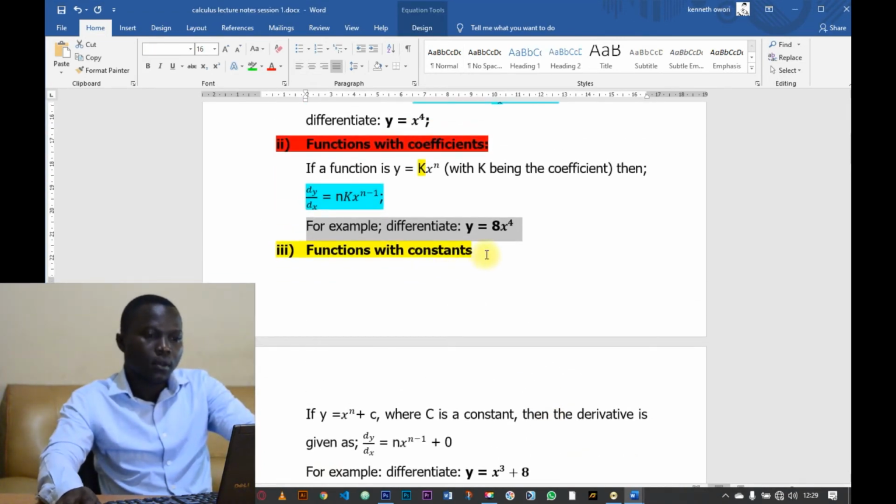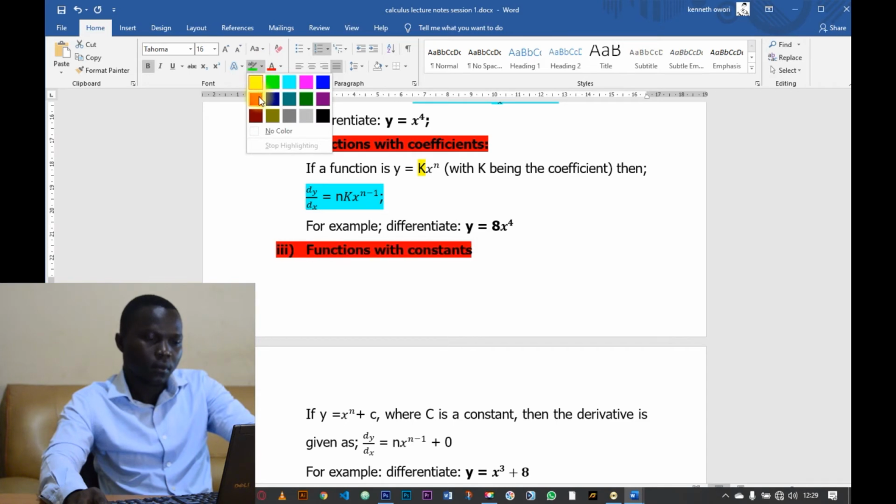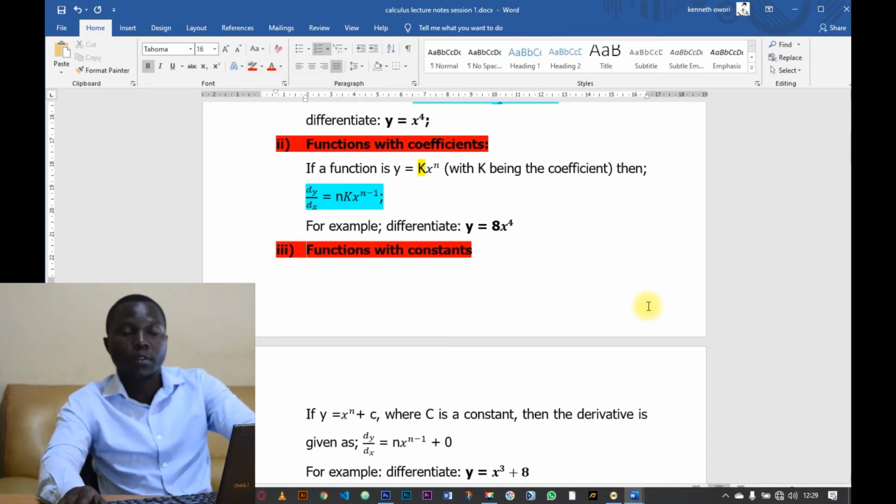Rule number 3. So this is where we have functions with constants. Whenever we differentiate an expression having a constant, normally that constant disappears. When you differentiate a constant, we get a 0.